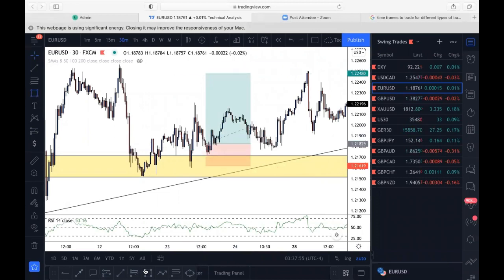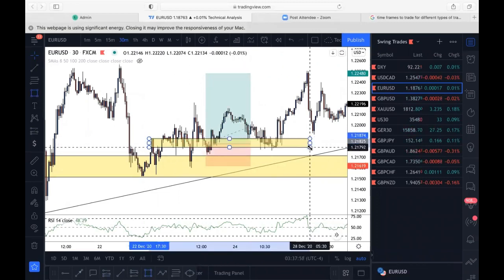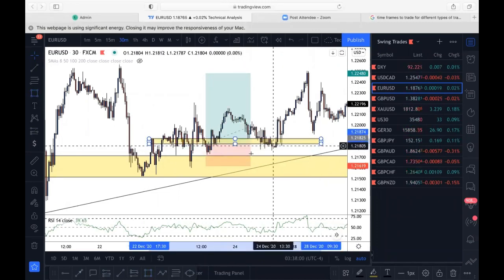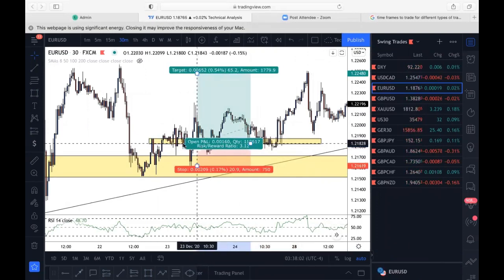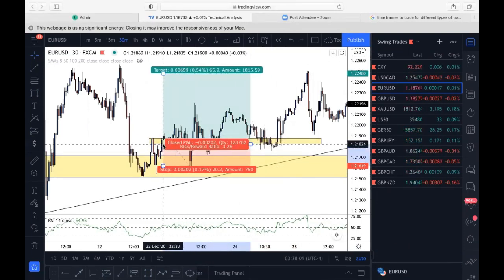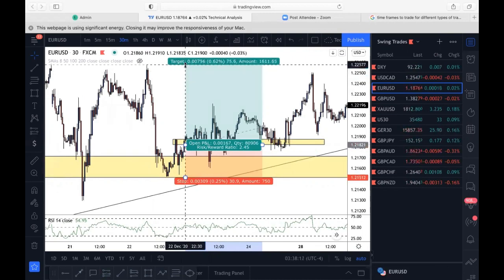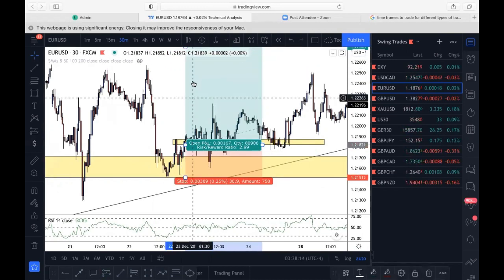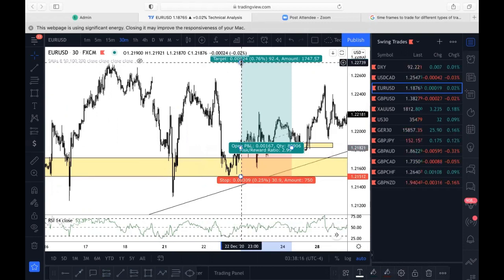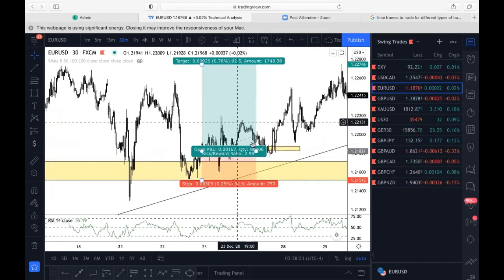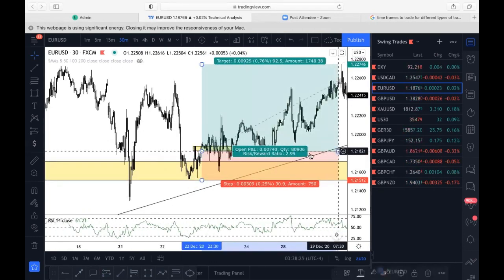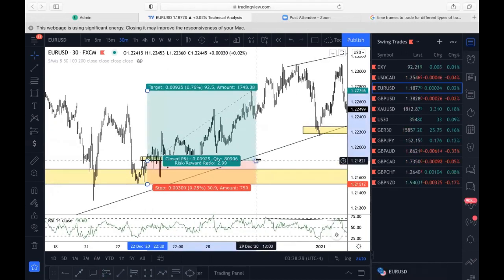So let me draw my zone so you can see it clearly. So we could have entered here, consolidated here. So we could have entered anywhere between here and here. And then get our 1 to 3. And we would have won this trade easily. Textbook trade.